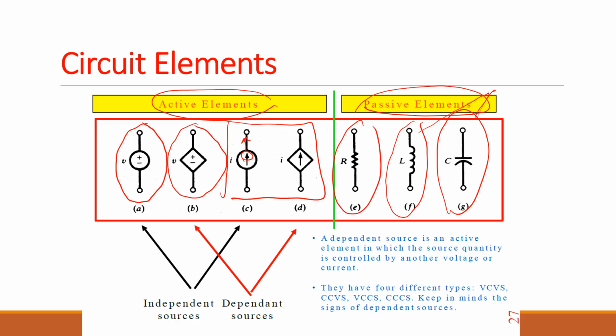They store energy. An inductor stores energy in a magnetic field, and a capacitor stores energy in an electric field, and they can charge and they can supply energy as well. But don't worry about these two for the time being. We will be only looking at resistors as passive elements, and when it comes to inductors and capacitors, we will learn more about these two.